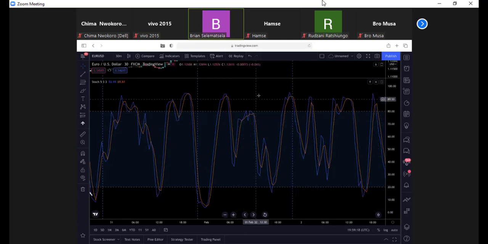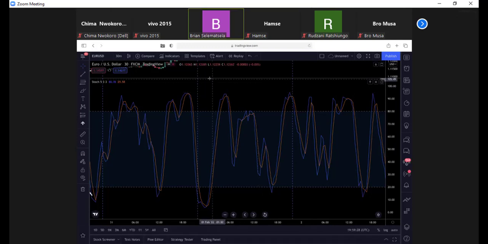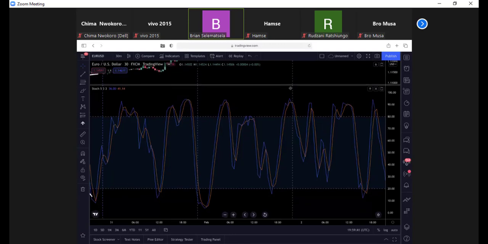And from 80 to 100 is when the market is overbought. So we always look for divergences where the market gives us a divergence touching the overbought or oversold. So we always want those kind of scenarios.